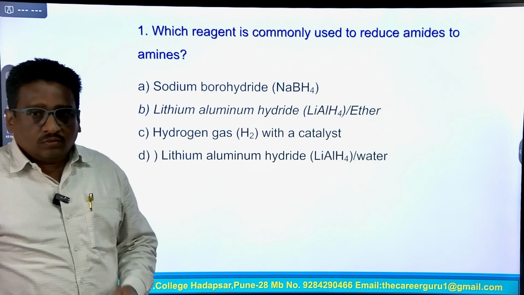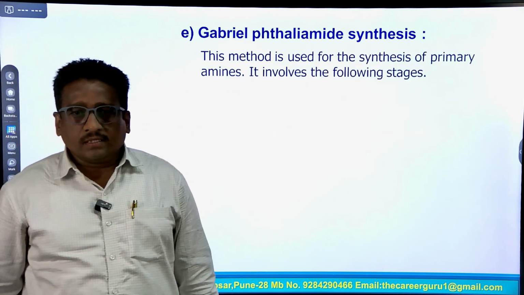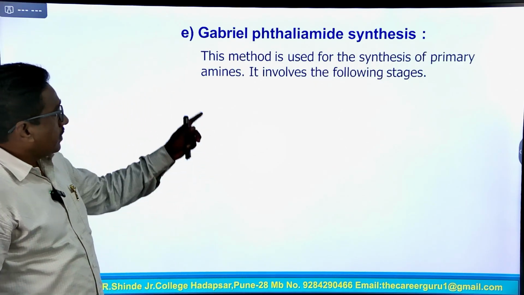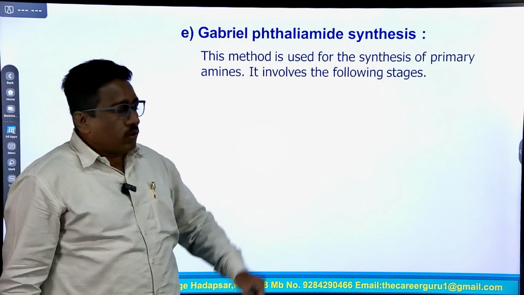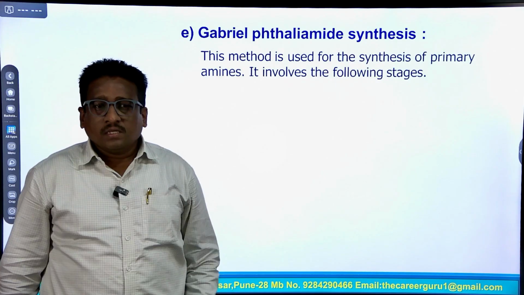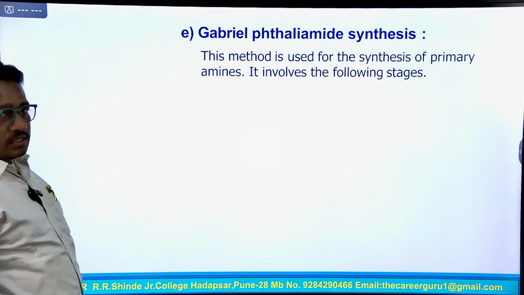The next MCQ is on an important method, the Gabriel phthalimide synthesis method. This method is used for the synthesis of primary amines, and it involves three steps.